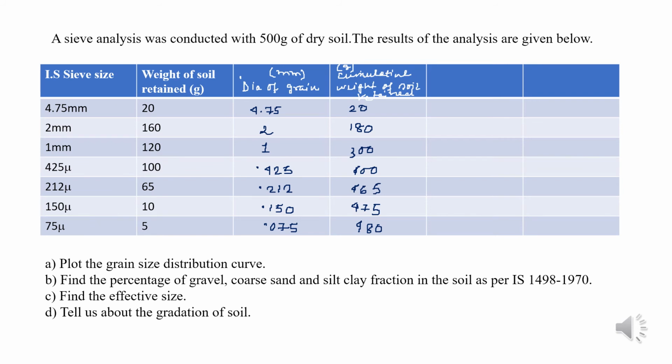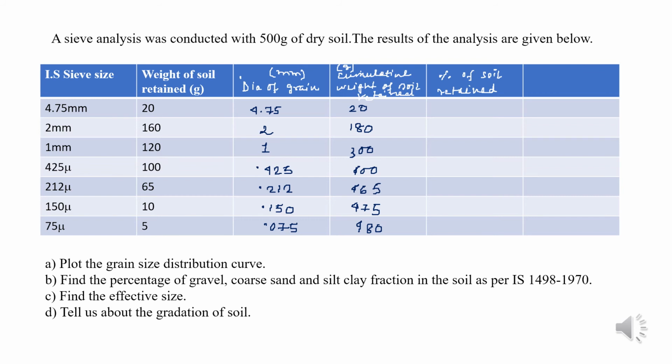Right, now we have to find out what is my percentage of the soil retained. So this percentage is calculated on the basis of the total sample of soil taken, that is here it's 500 gram.